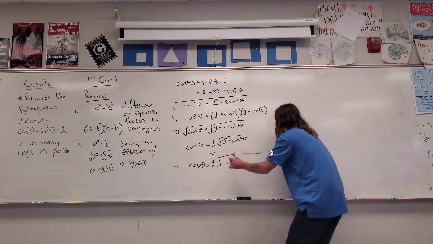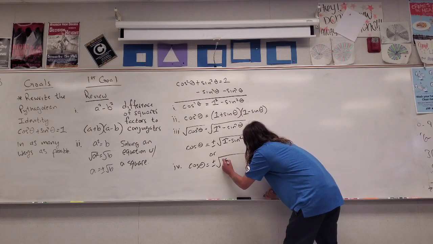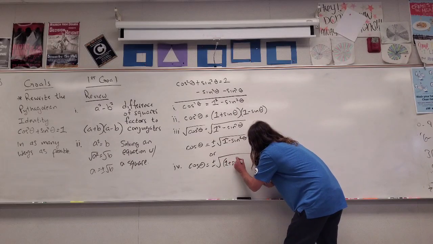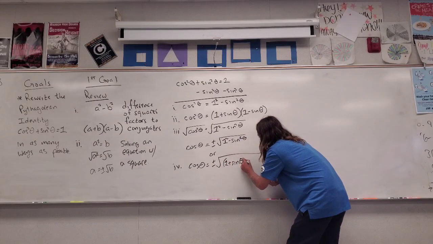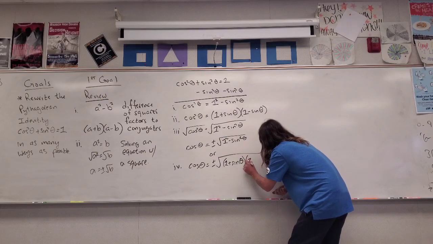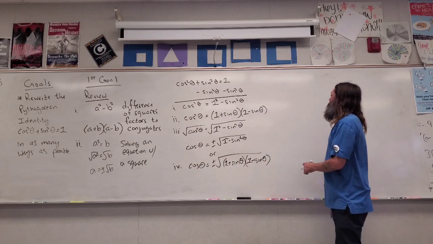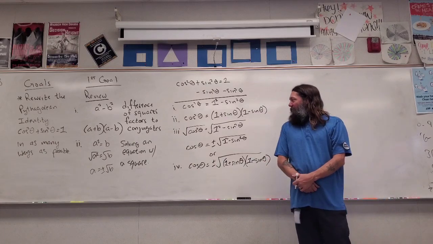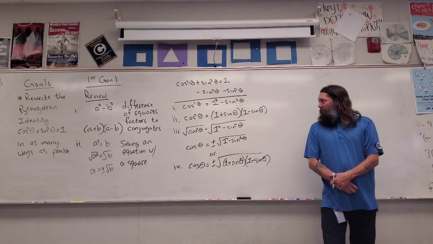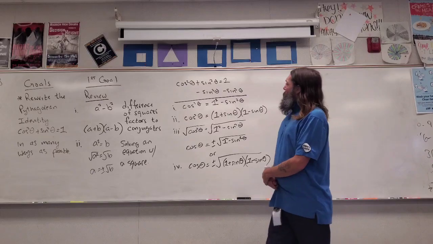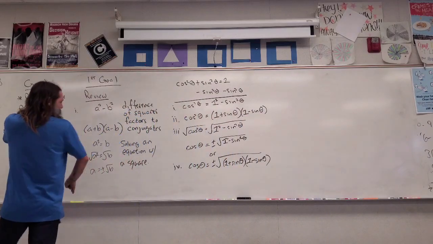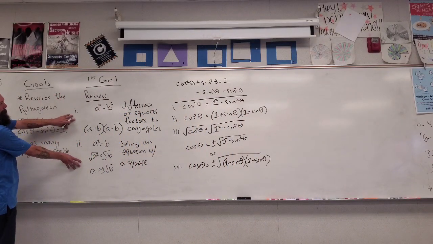I have difference of squares under the radical, so it would be 1 plus sine of theta times 1 minus sine of theta. Okay, so I have four ways that I can rewrite my Pythagorean identity by using these two concepts.